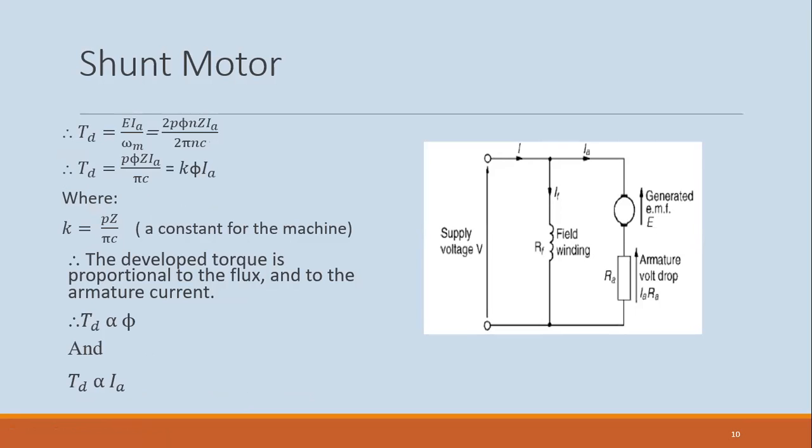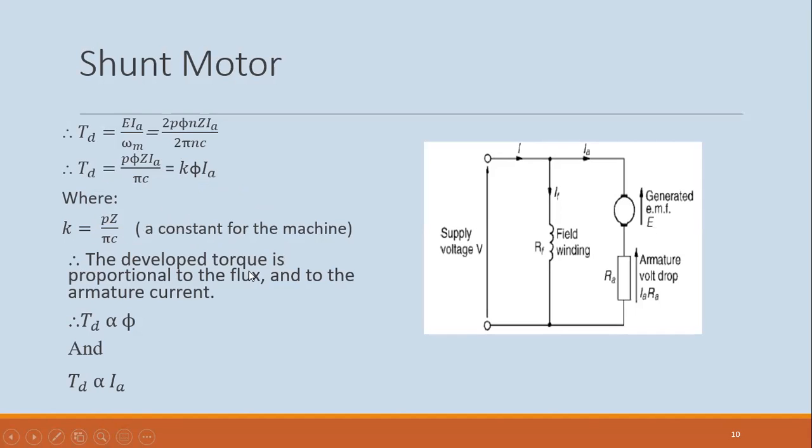If I substitute those relationships, I end up with something fairly simple. Torque developed is equal to some constant times the flux times the armature current. Again, the constant is a constant for the machine, different from the other constant that we had for the induced EMF, but nevertheless a constant.